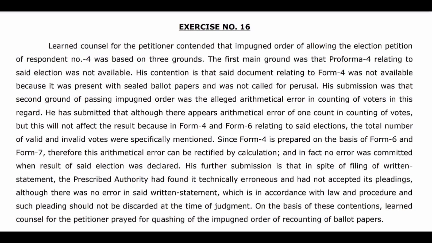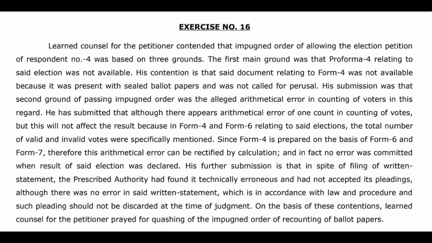His submission was that the second ground of passing the impugned order was the alleged arithmetical error in counting of votes. He has submitted that although there appears an arithmetical error of one count in counting of votes, this will not affect the result because in Form 4 and Form 6 relating to the said elections, the total number of valid and invalid votes were specifically mentioned.